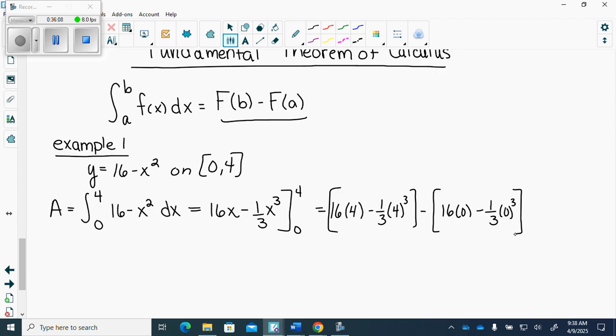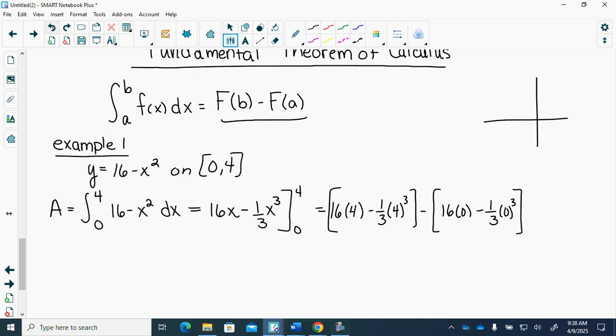So what you're indirectly doing when you're doing this is you're finding the area of the entire curve at 4, and then you're finding the entire curve from 0 to the left. So if I take, this is my curve. Let's pretend that's actually symmetrical. All right.